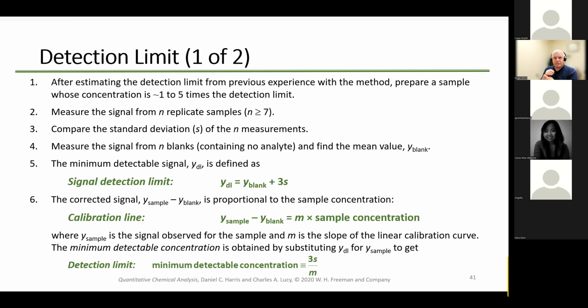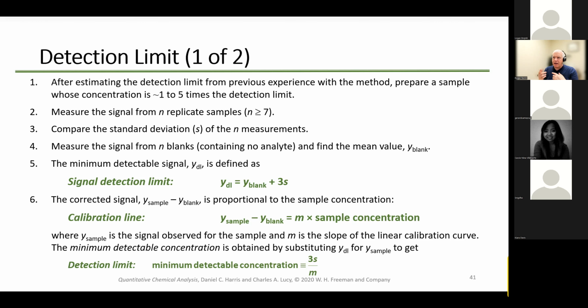So anyhow, that's how you do that. And one thing to do here is, you know how you get the uncertainty in the intercept of a calibration curve? That is a measure of s for the sample.